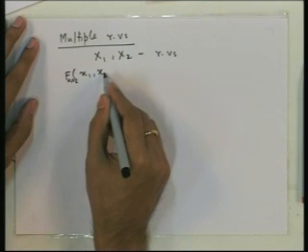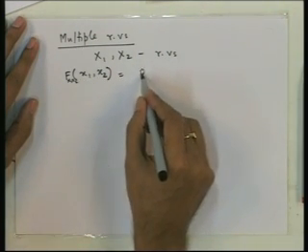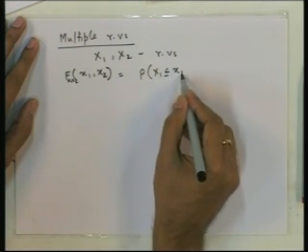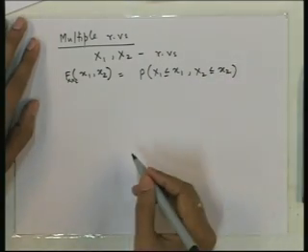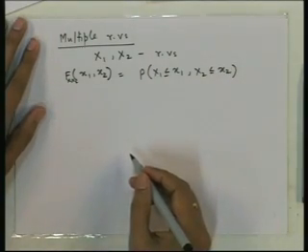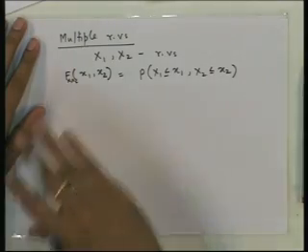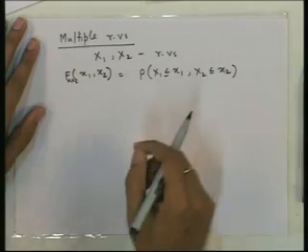This is the probability that X1 is less than or equal to small x1, and X2 is less than or equal to small x2. So, this is a function of two variables. To plot it, you need 3 dimensions, 2 dimensions for the variables and 1 dimension for the value.